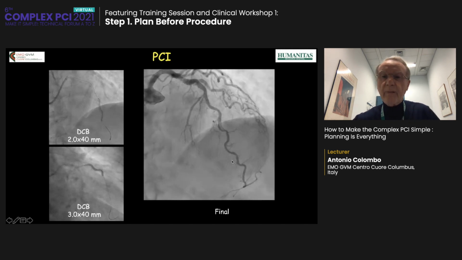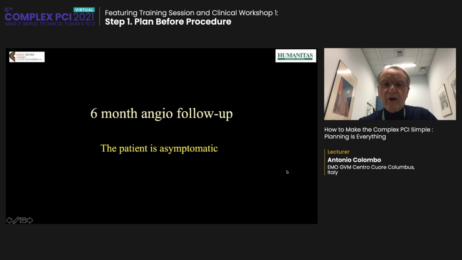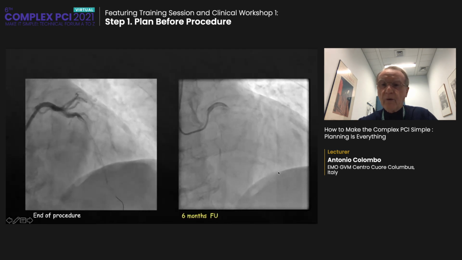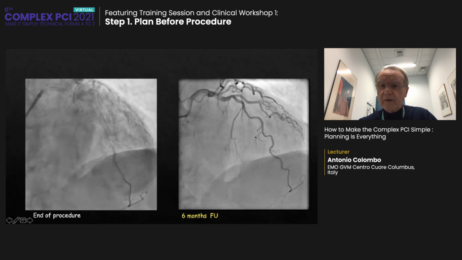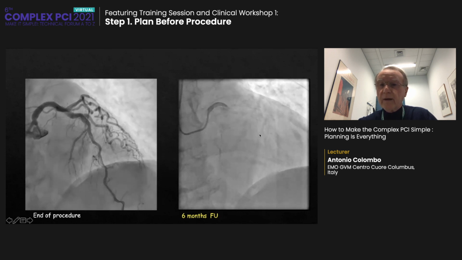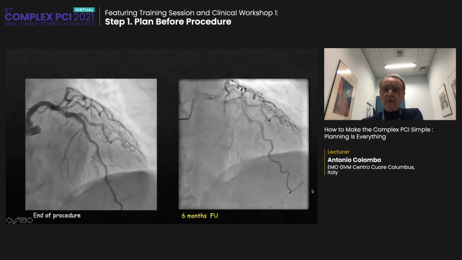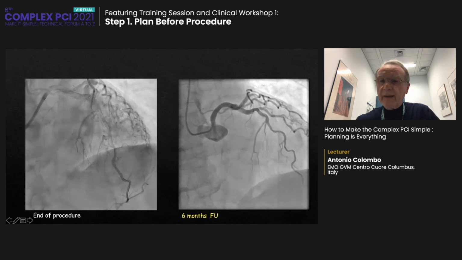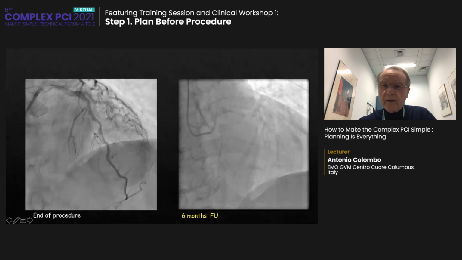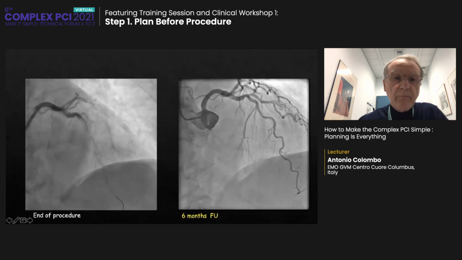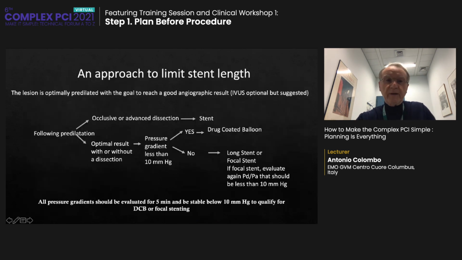In this case, the measurement was done not with a pressure wire, but with a QFR, and the 6 months follow-up in this case shows a perfect healing of the dissection with very good sustained result. We are collecting data, and I hope by next year we will have a case series with not immediate result, but with 2 years follow-up, that is what we would like to present.